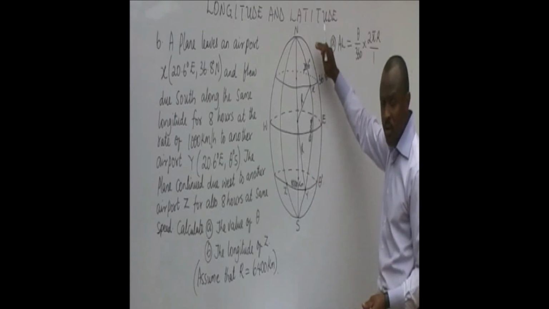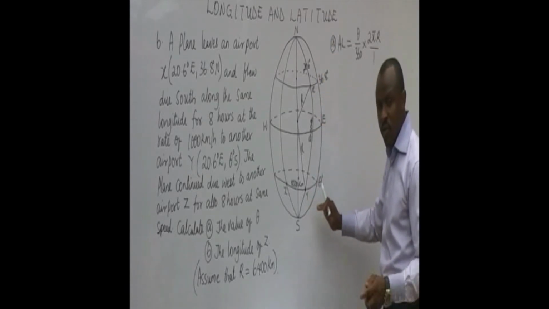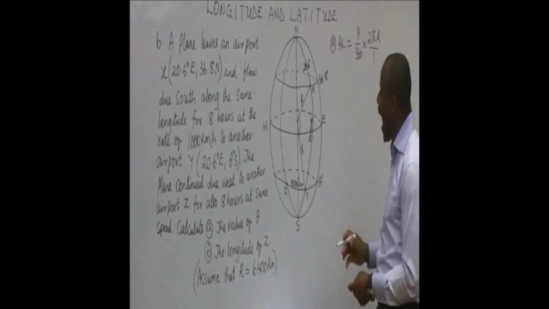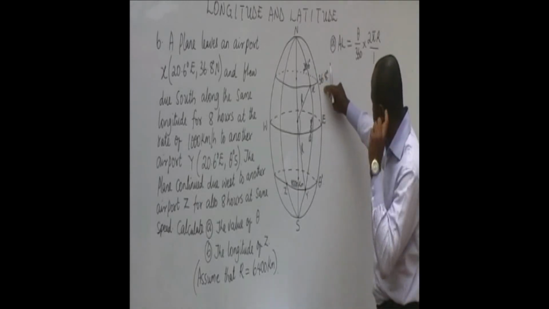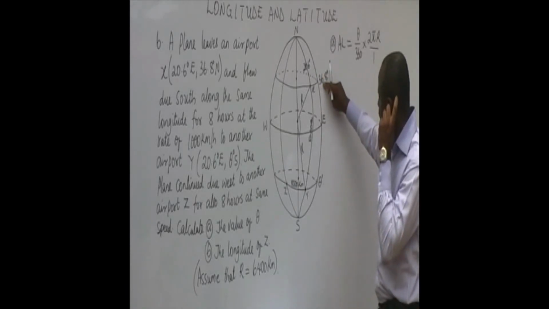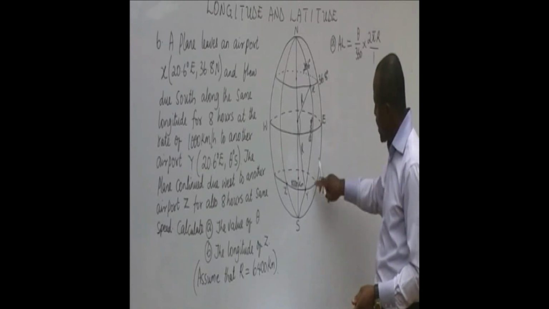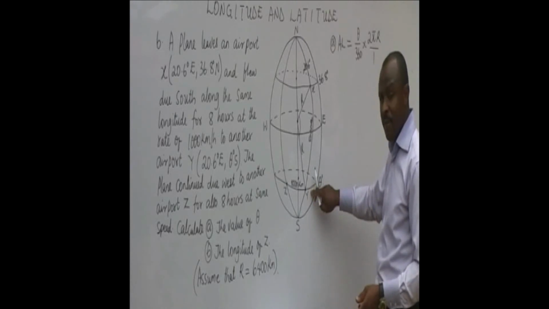This one is on the north, this one is on the south. So if you want to find this angle they subtend at the center of the globe, you add the value of the circle of latitude from where the plane left with the other value of circle of latitude to where it flew to.